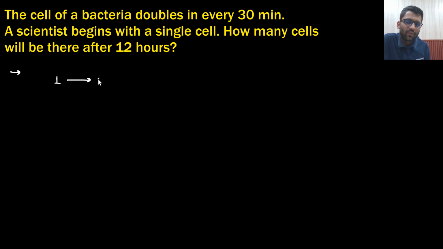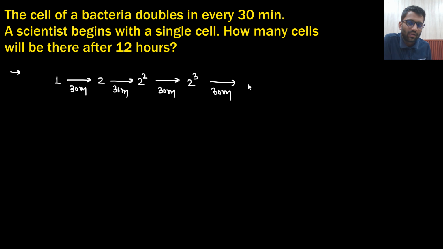After every 30 minutes, it will be twice, so 2 to the power 1, then after the next 30 minutes, 2 to the power 2, then 2 to the power 3, then 2 to the power 4. In this manner it increases. So after 12 hours, what will it be? 2 to the power 24. That's it.